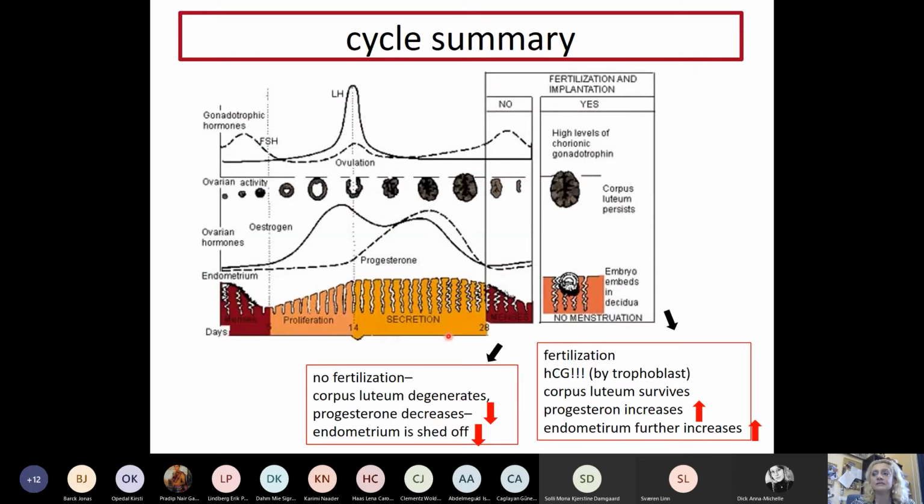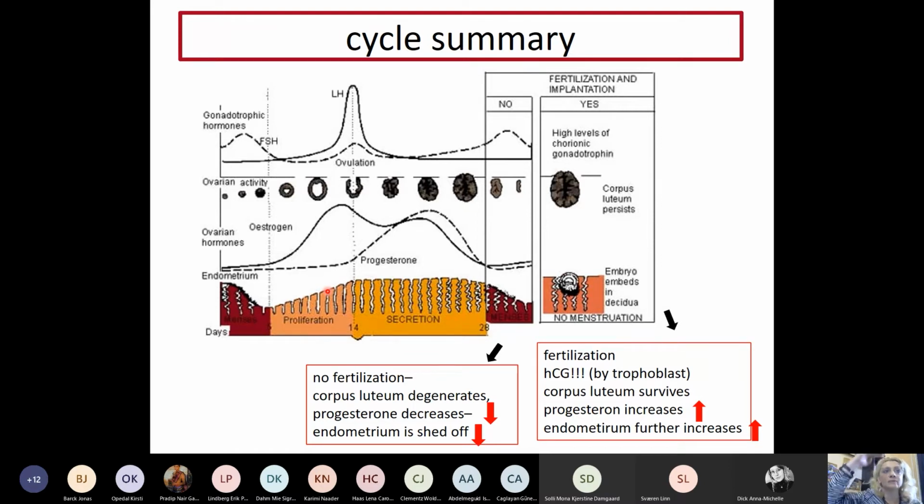And I have to use this picture again that I already showed you the other time, which is the cycle summary. Very important that you learn the basics of the hormonal cycle, and you understand this hierarchy from hypothalamus, pituitary gland, ovary, and uterus.